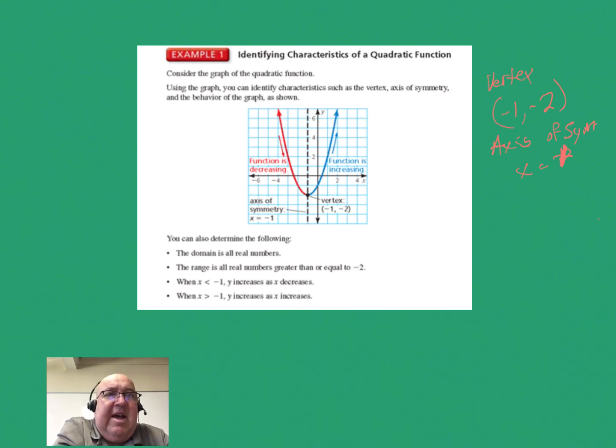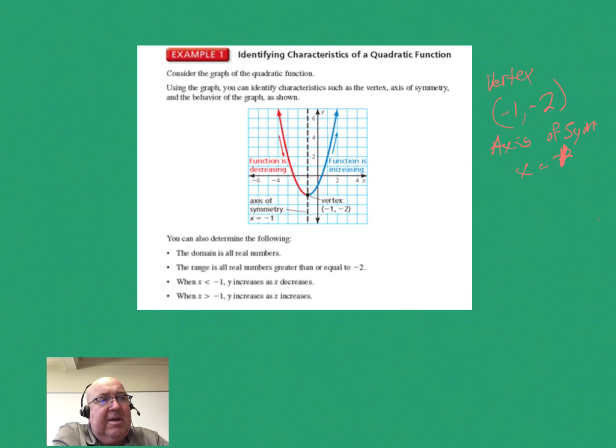So that's the axis of symmetry, x equals -1. The function decreases when x is less than -1, and the function increases when x is greater than -1. The y values decrease, the y values increase.